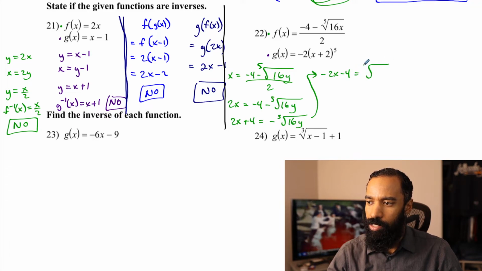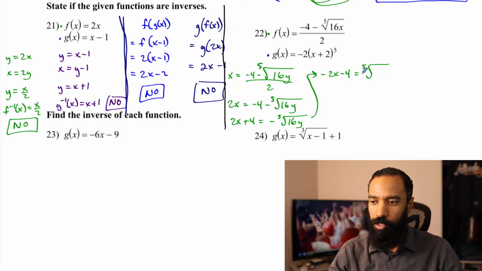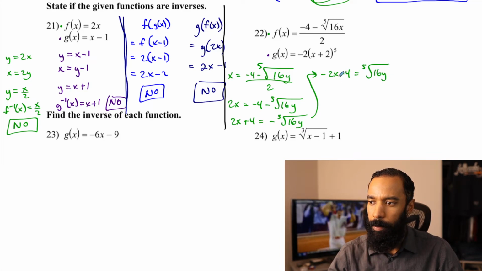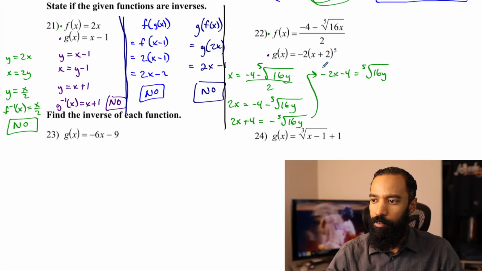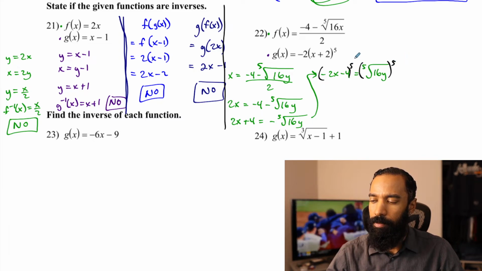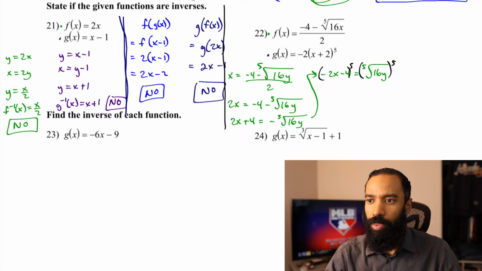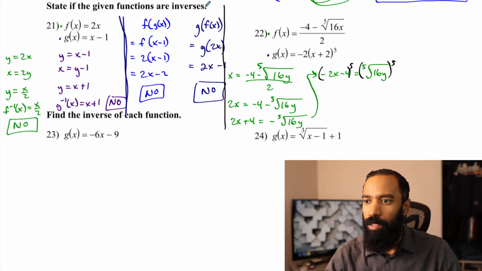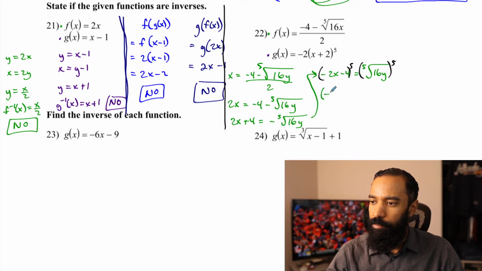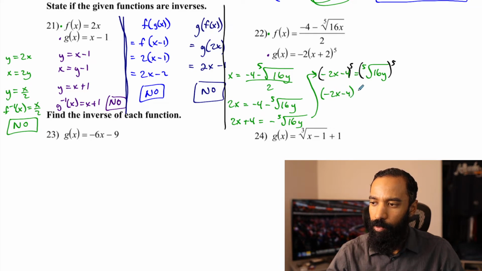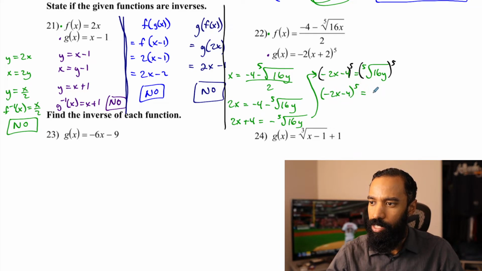Distribute the negative, right? Divide both those by negative 1, and that's 5th root of 16y. Then we'll raise both these to the 5th power. So to the 5th power here, and to the 5th power there. Negative 2x minus 4 to the 5th power equals 16y.